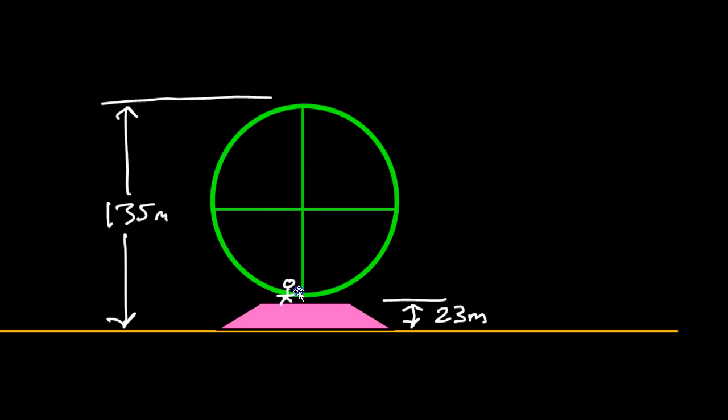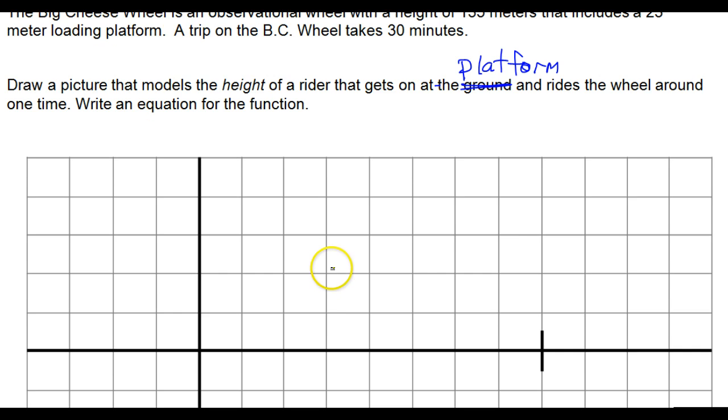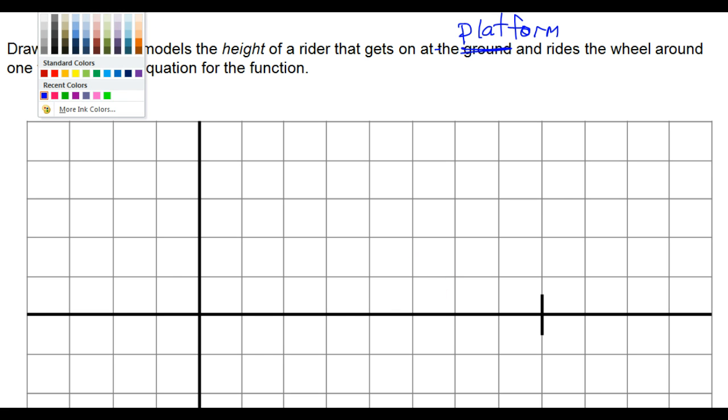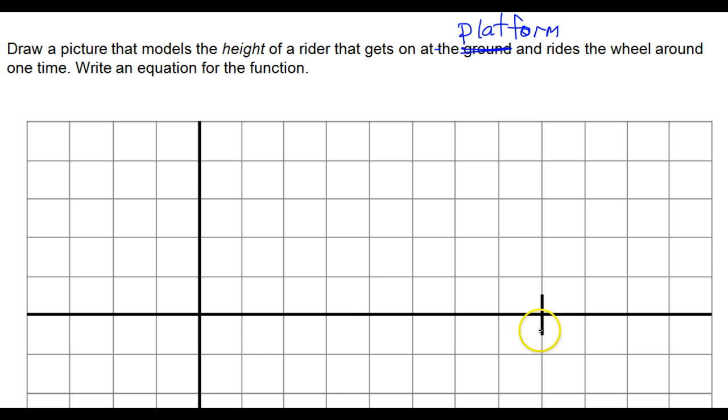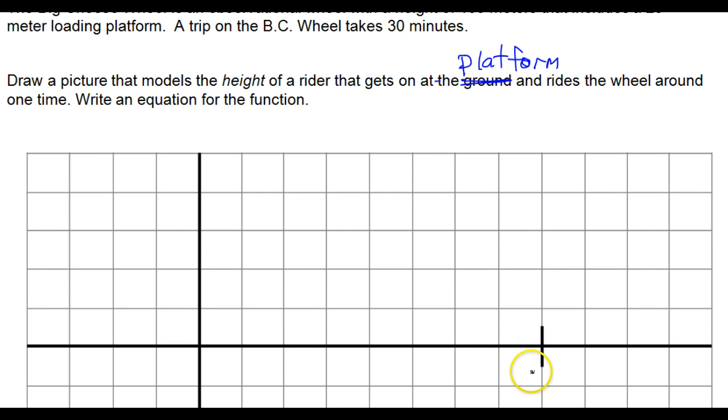So that's one period, and one period is what we use to mark the x-axis on our graph. If we have a period of 30 minutes, then we put a 30 right here. Then if I go halfway, that's going to be 15. If I go half of that, I'm going to have a decimal.